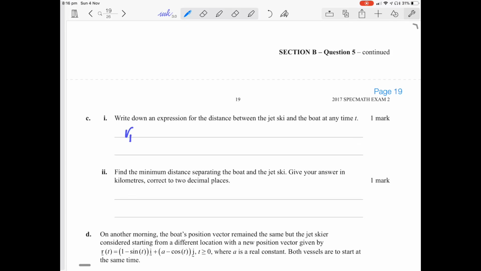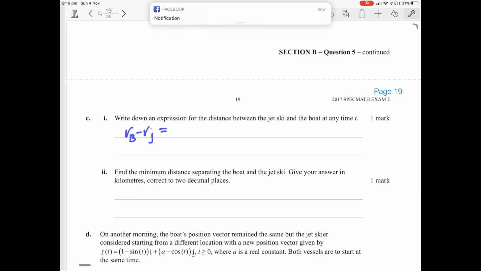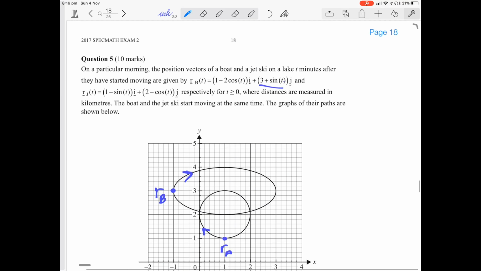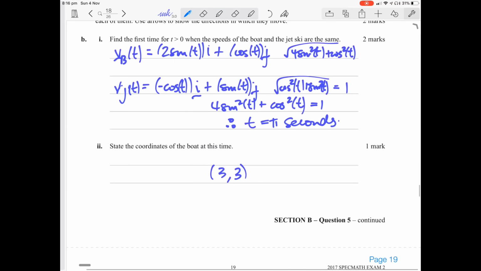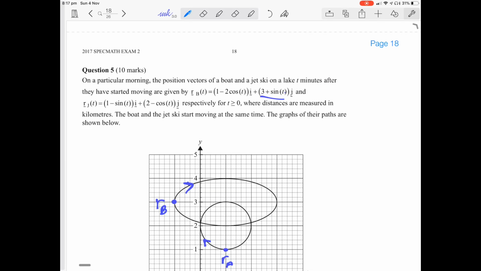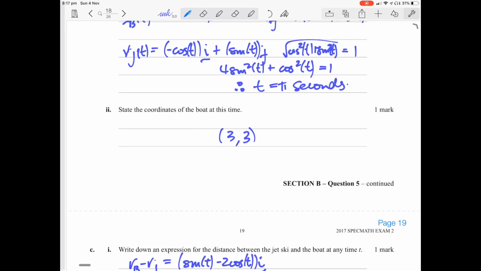Okay, so I'll say R of B minus R of J is, so x component sine of t minus 2 cos of t i, and then R of B minus R of J, the y component: 3 minus 2, which is 1, plus sine t plus cos t.